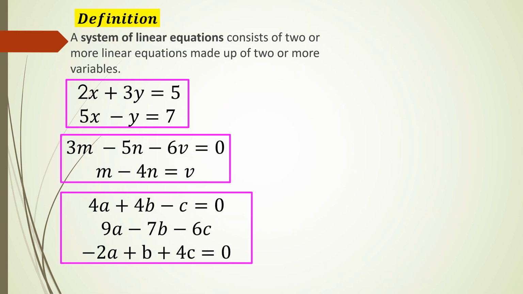Okay, let us define a system of linear equations. When we say system of linear equations, it consists of two or more linear equations made up of two or more variables. Let us have example number one. This is a system of linear equations in two variables. The x and y are both present in the first and second equation.